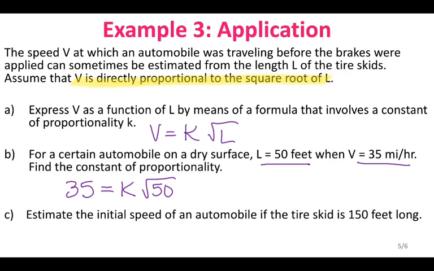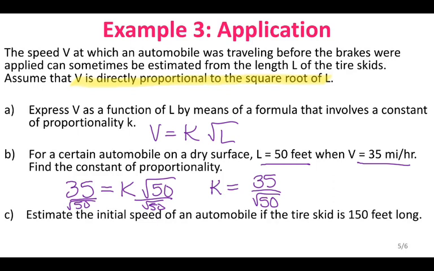It says find the constant of proportionality, so I'm going to write k equals, and to solve this equation, I would divide both sides by the square root of 50. So k equals 35 over the square root of 50. We can go ahead and leave that as it is. We don't necessarily need to rationalize it, so just leave k as 35 over the square root of 50.